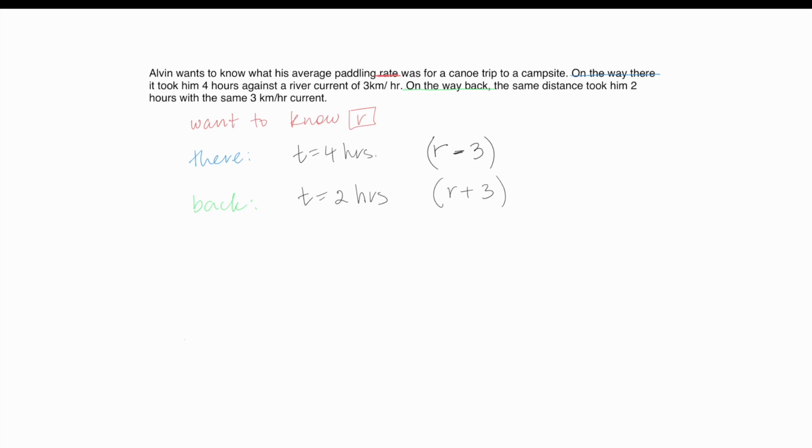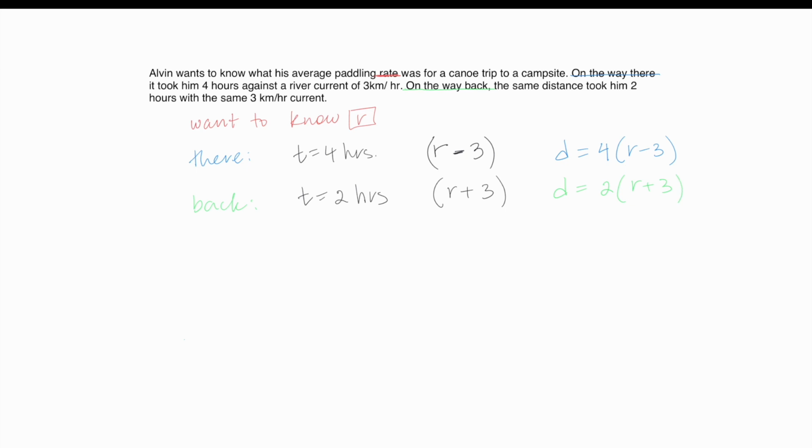For the way there, the distance was rate times time, so 4 hours times the rate, r minus 3. For the way back, the distance was rate times time again, so 2 hours times the rate, r plus 3.